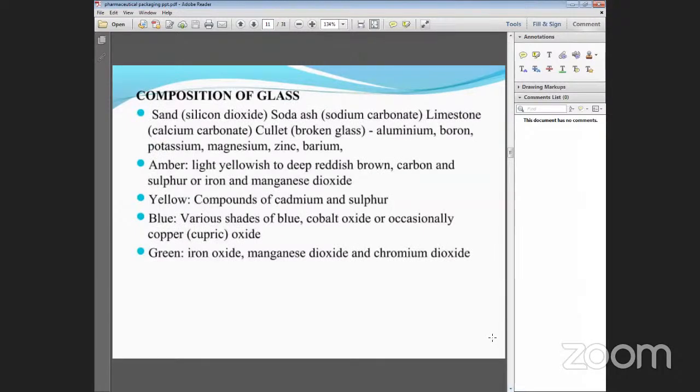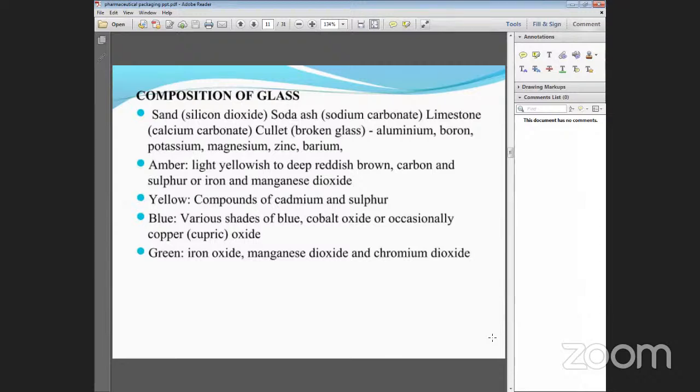Now next we have to know the composition of glass. What are the components present in glass? Sand, that is silicon dioxide, soda ash, that is sodium carbonate, limestone, that is calcium carbonate, and cullet, that is broken glass. The old broken glasses are called cullet. Also aluminium, boron, potassium, magnesium, zinc and barium.